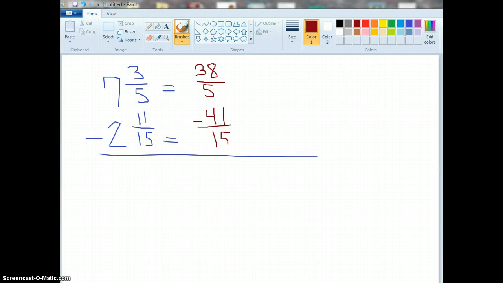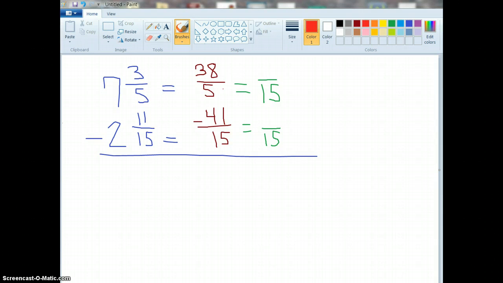We need to find the least common denominator. For 5 and 15, it would be 15.